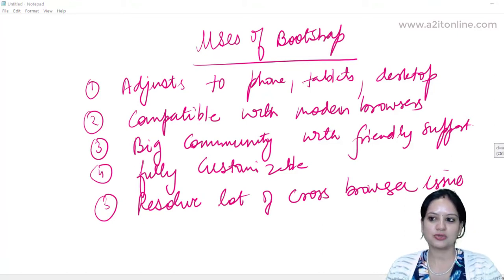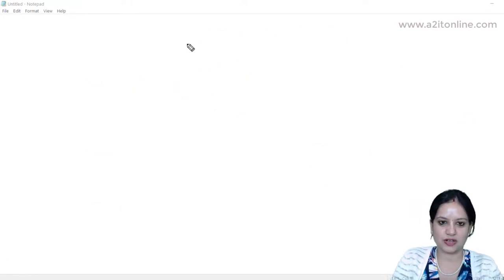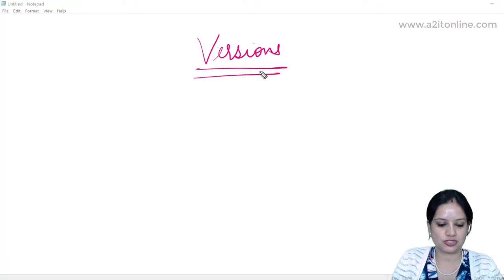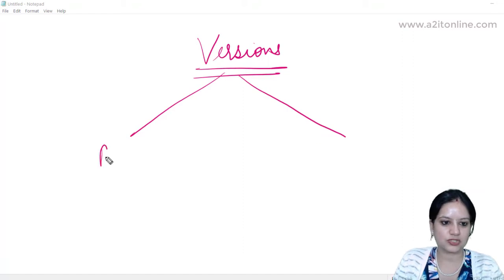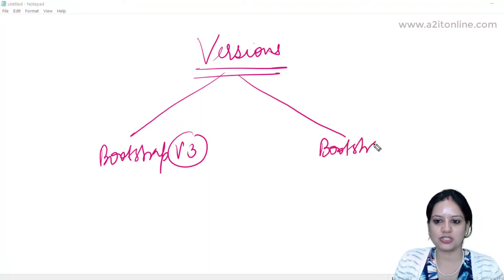Now we are going to look at the different versions of Bootstrap which are available. Let's look at the two main versions, students, in this course. We will be looking at version 3, which is Bootstrap V3, and Bootstrap version 4.